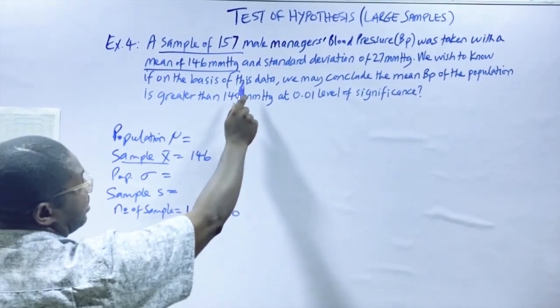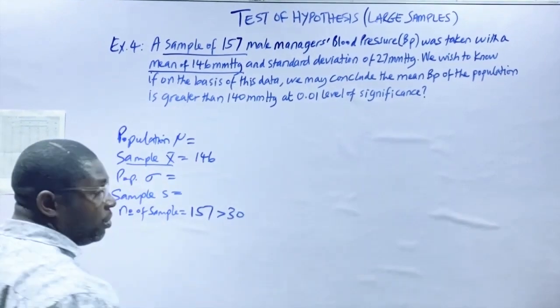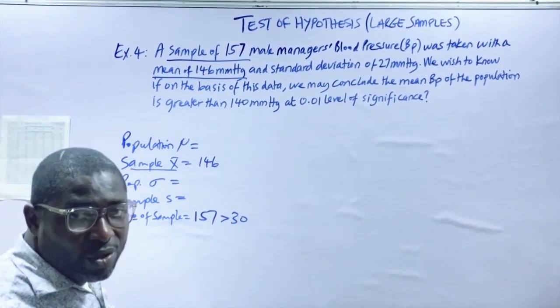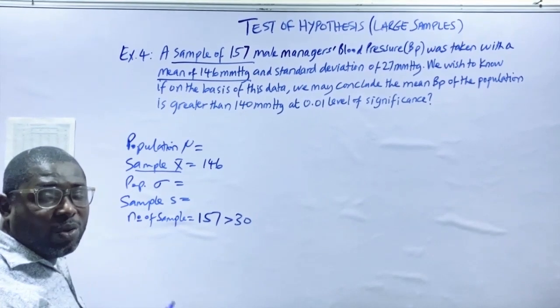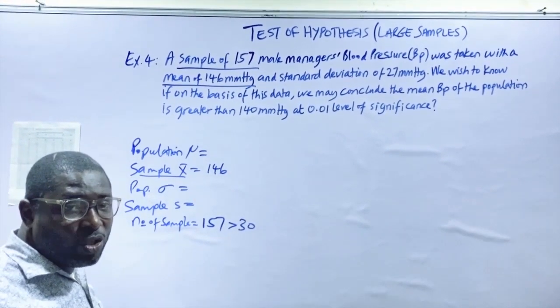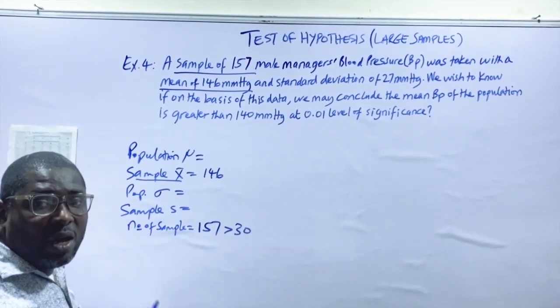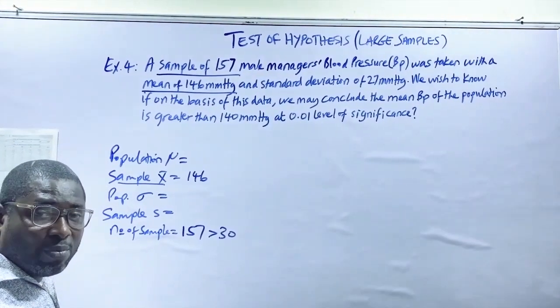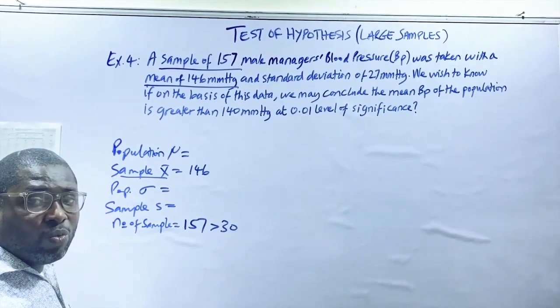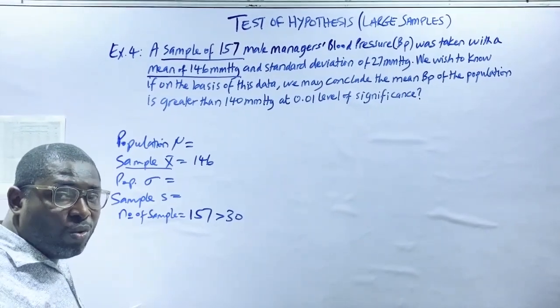Remember I told you in an earlier video that the standard deviation will usually follow the mean. If you're given a sample mean, the standard deviation will almost immediately follow it.